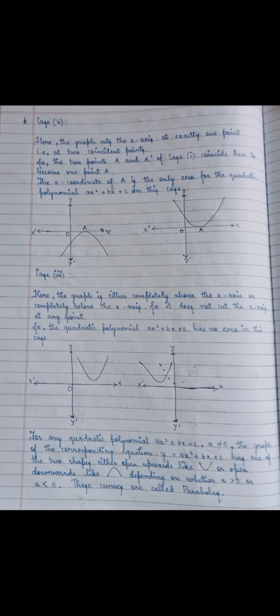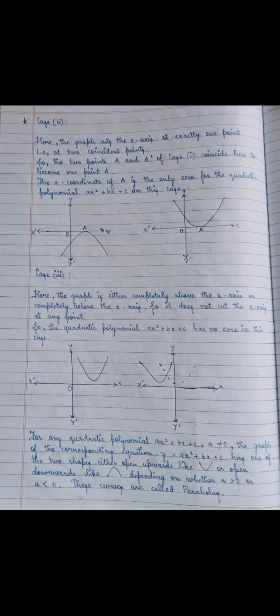In the third case, the graph is either completely above or below the x-axis, hence it does not intersect or cut the x-axis, so there are no zeros.